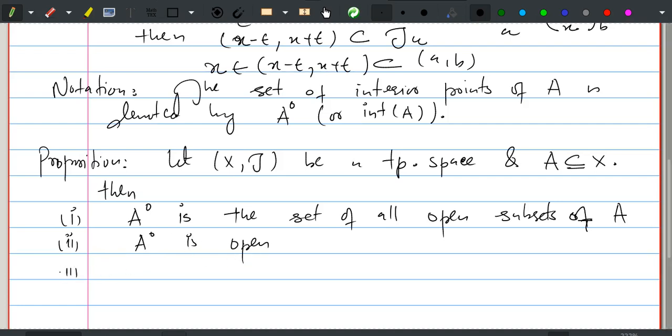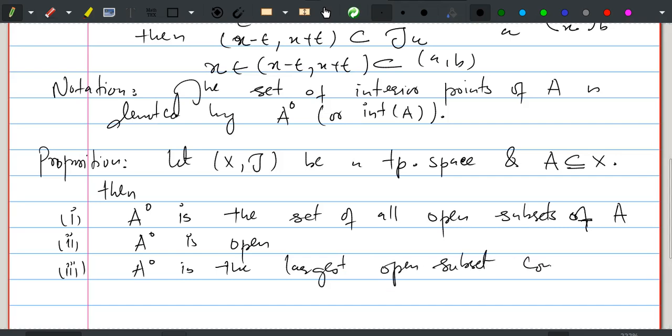Third, A interior is the largest open subset contained in A.